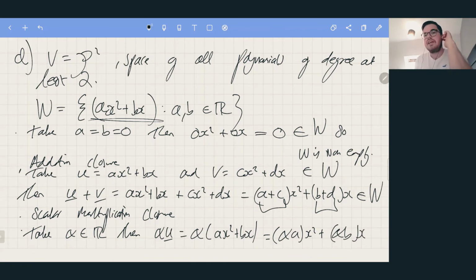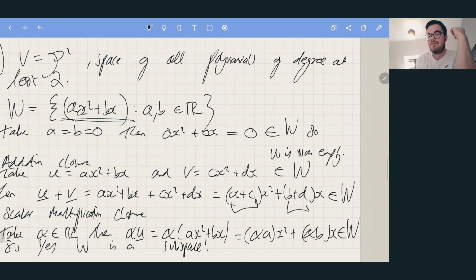Because alpha is a scalar, a scalar times a scalar is a scalar, so alpha a and alpha b are scalars. So this is in the same form as everything in W, so this is indeed in W. So yes, W is a subspace.